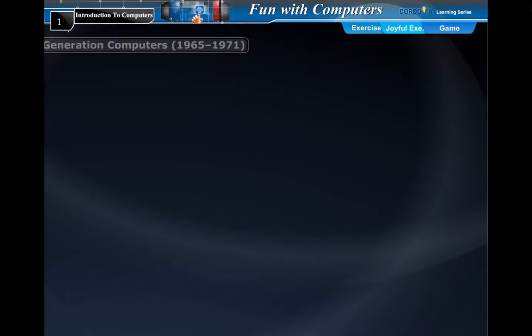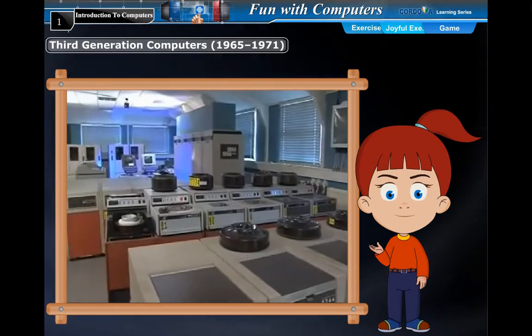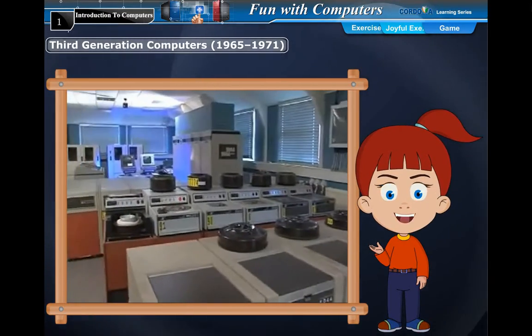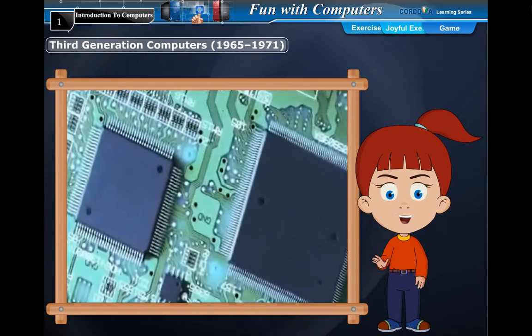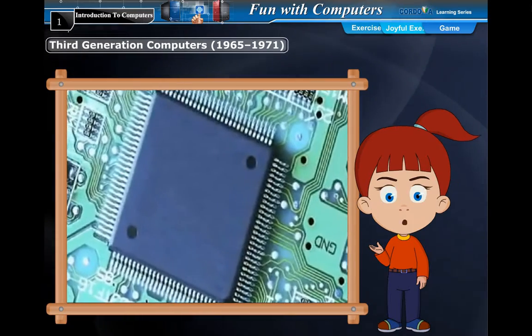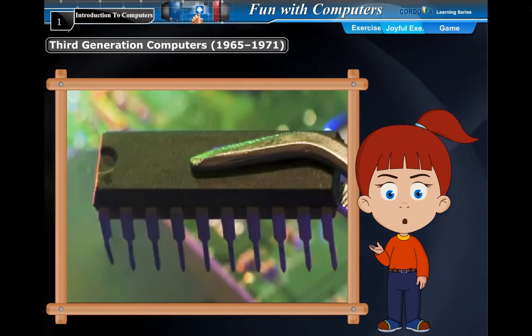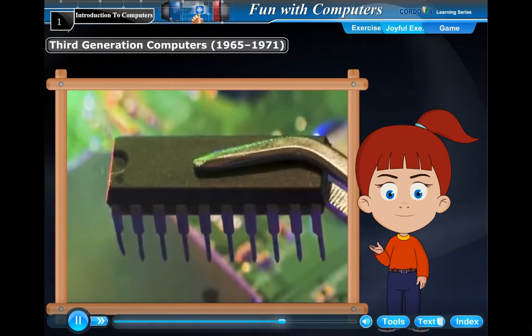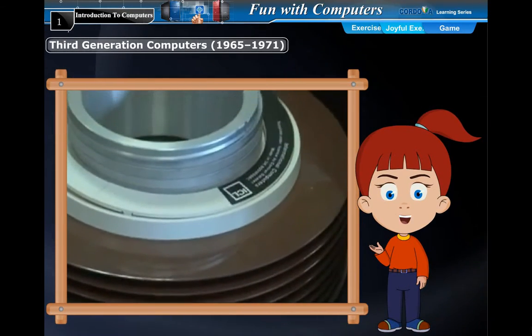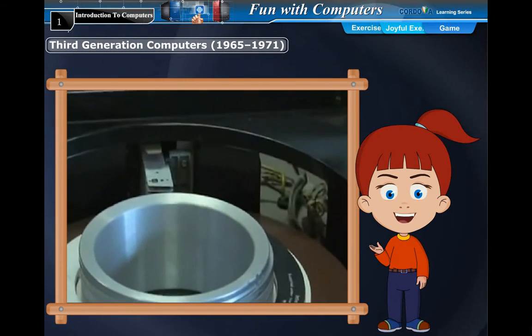Third generation computers, 1965 up to 1971. Third generation computers had the following features. They used electronic devices called integrated circuits, ICs. They were smaller in size than second-generation computers and less expensive.